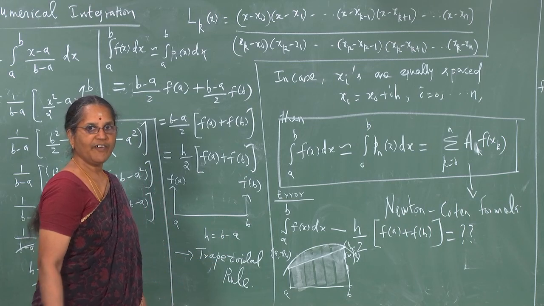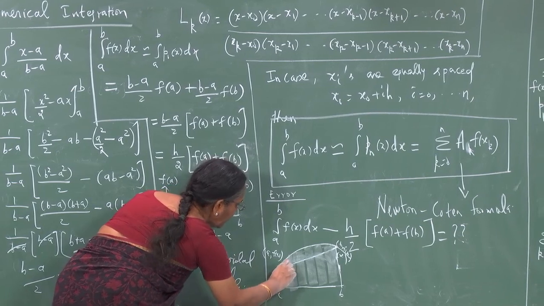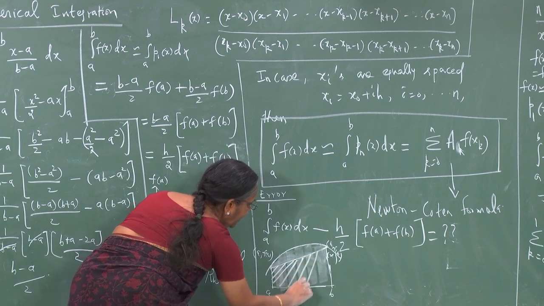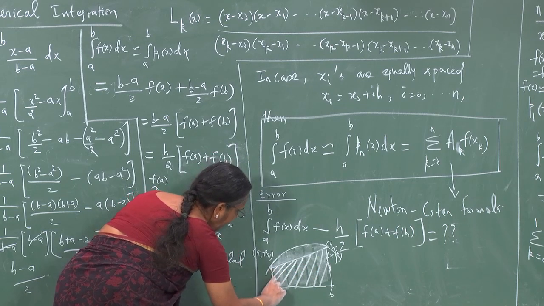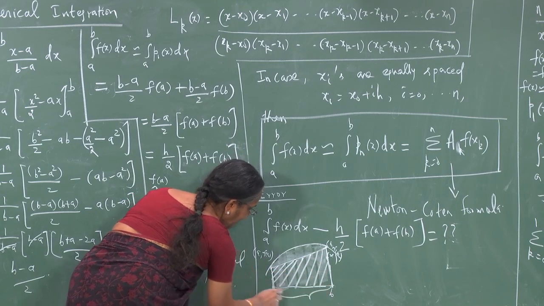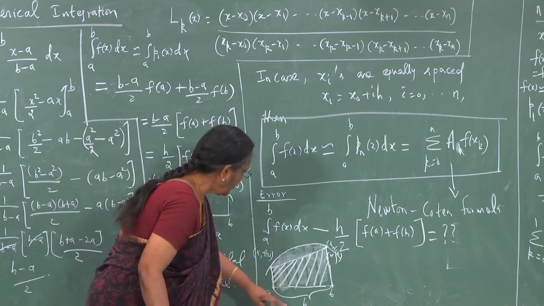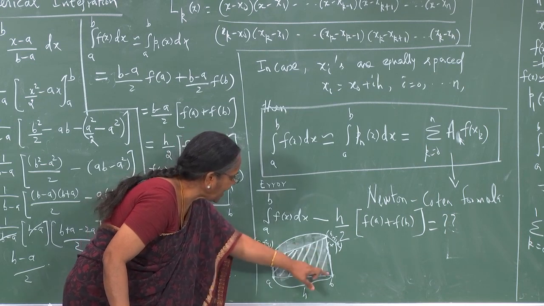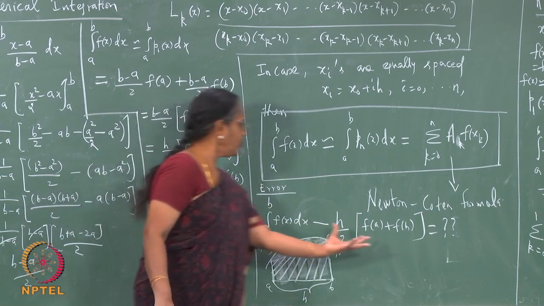You approximated f of x by means of a straight line passing through the points, and therefore you computed only the area under this line, namely the area of the trapezium bounded by the parallel sides, at x is equal to a and x is equal to b, multiplied by the height which is equal to h. So, what is the area of the trapezium? It is h by 2 multiplied by the sum of the parallel sides. So, h by 2 into f of a plus f of b.